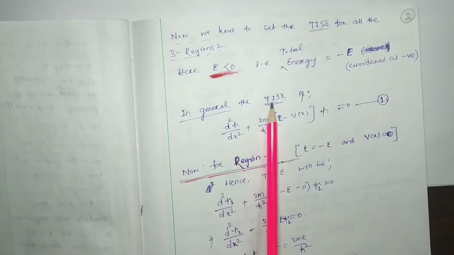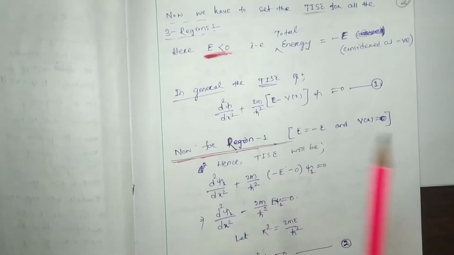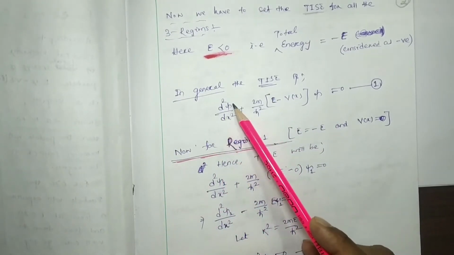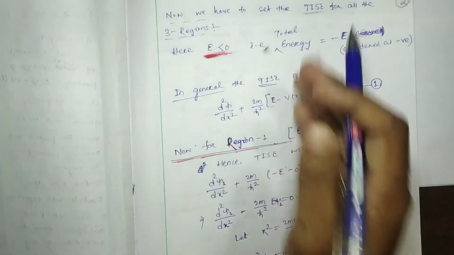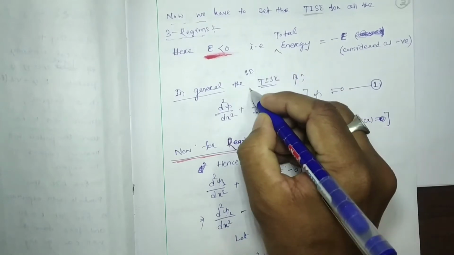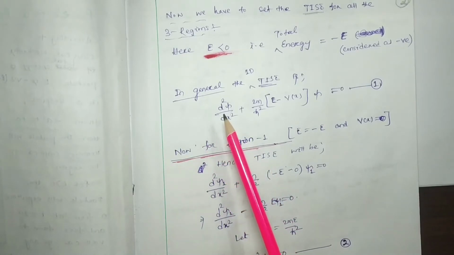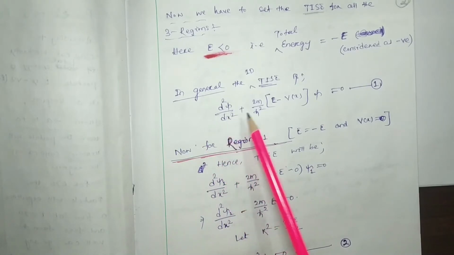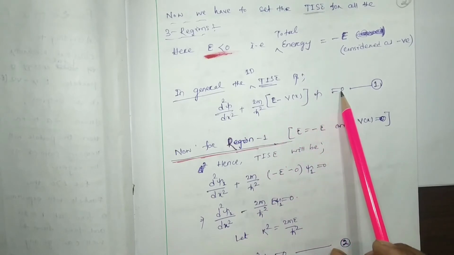Now the general form of the one dimensional time independent Schrodinger equation is d square psi by dx square plus 2m by h cross square (E minus Vx) psi equal to 0.